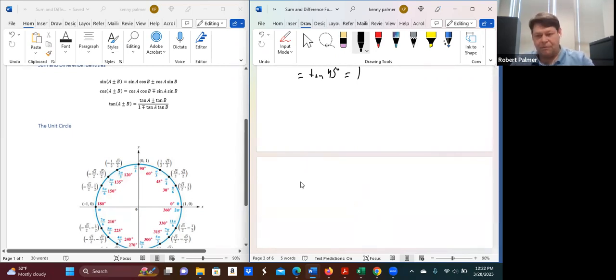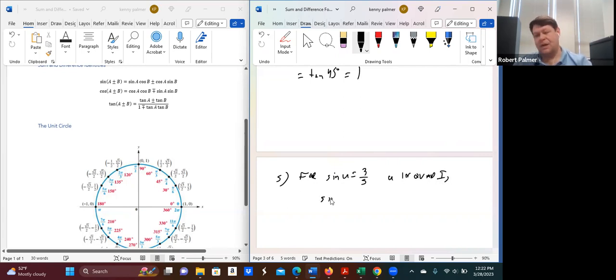Okay, this should be number 5. Now, let's say we're given this. Let's say we have the sine of some angle u is 3/5, and angle u is in quadrant 1. Okay.